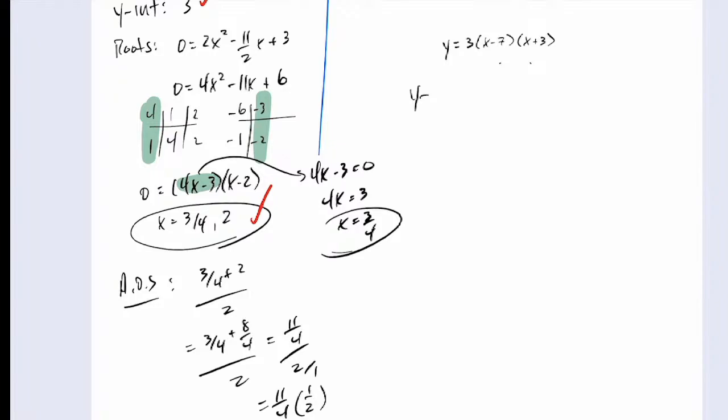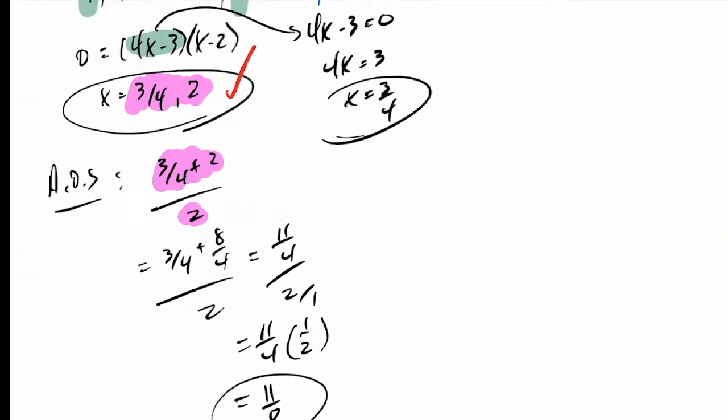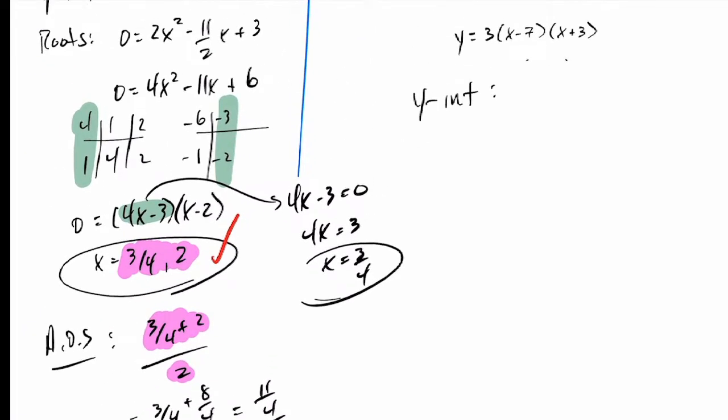The y-intercept here, the axis of symmetry. Well, if you're good with the roots, that means I added up the roots and divided by 2. So Dima, with this question here, what you want to do is let x equal 0.